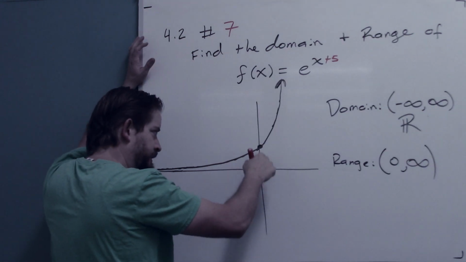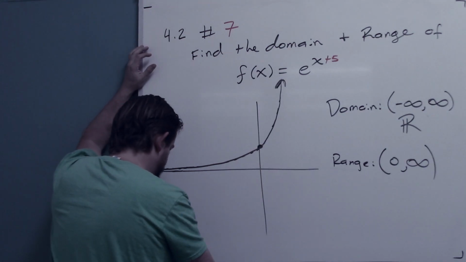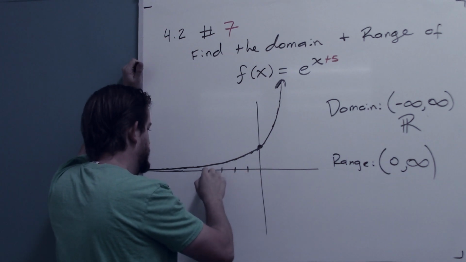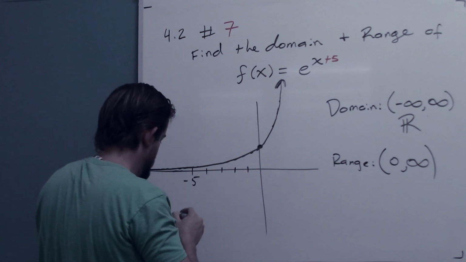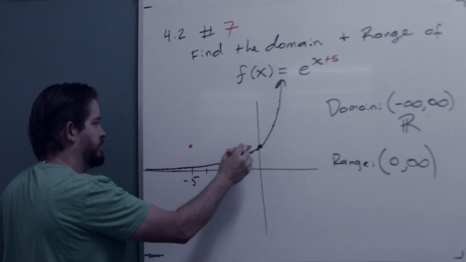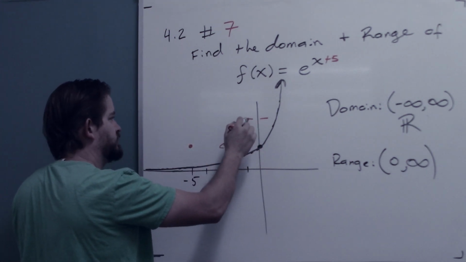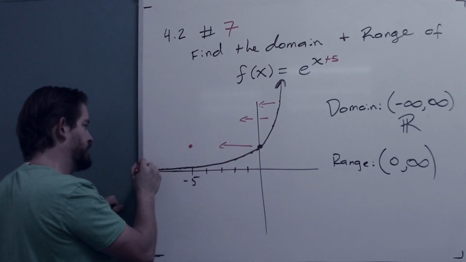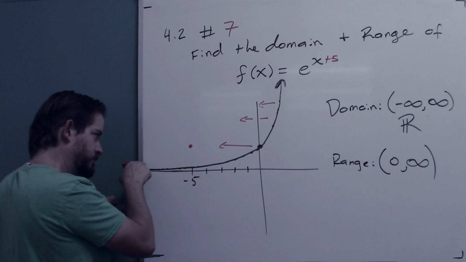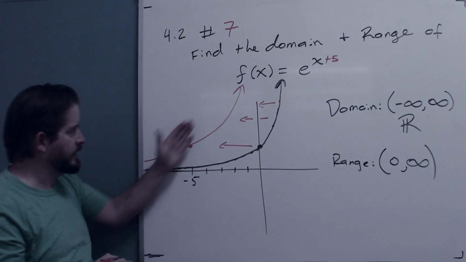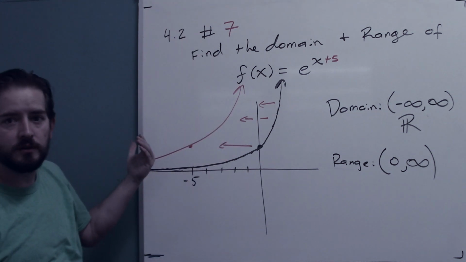So instead of being at 0, 1, it's now at negative 5, 1. Right, this just gets shoved to the left, everything is just moved to the left. And so it still asymptotically leaves that x-axis, but it just goes up and exponentially increases sooner than the other one.